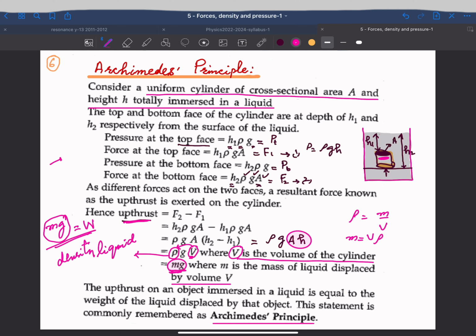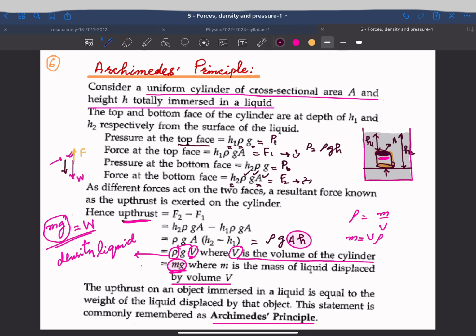The weight of the liquid displaced by this pin will be very small. So in this case the weight will be more and the upthrust, which is the upward force, will be small, and because of that the net force will act downwards, and ultimately the pin will sink.